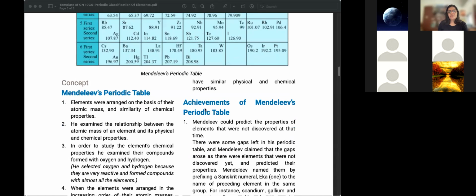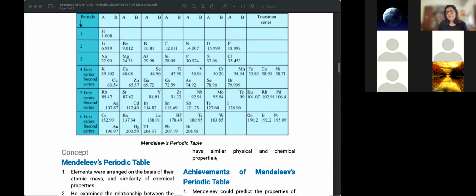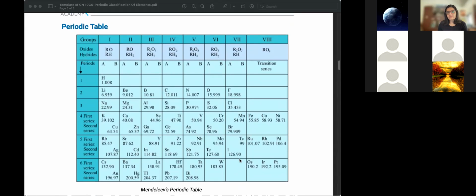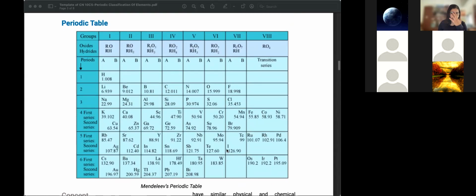Okay. So before we get to achievements, how did Mendeleev's periodic table help? Why is it such a landmark moment? Is everyone clear about how Mendeleev made the table? What was his periodic law and the idea behind it?